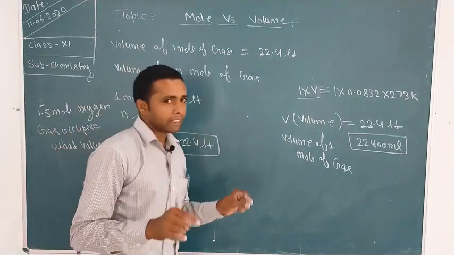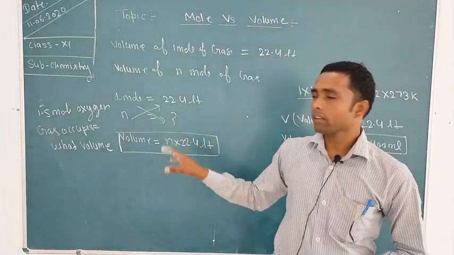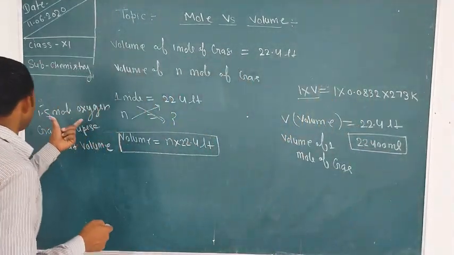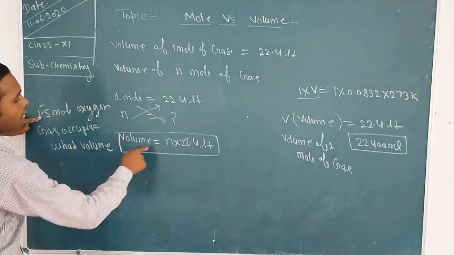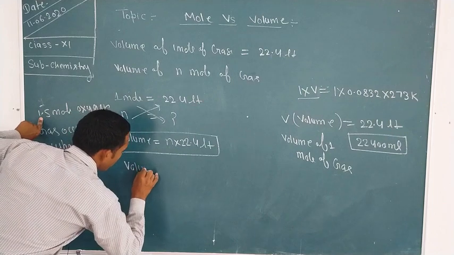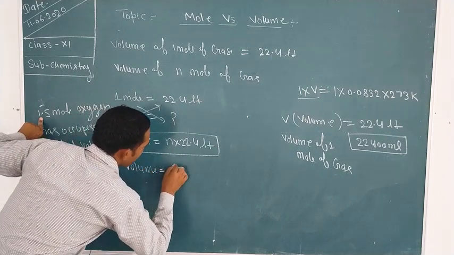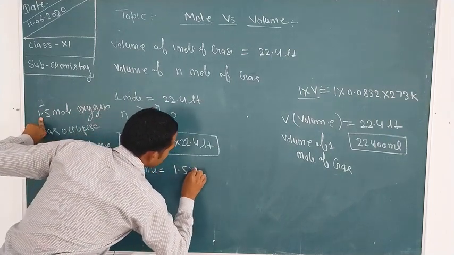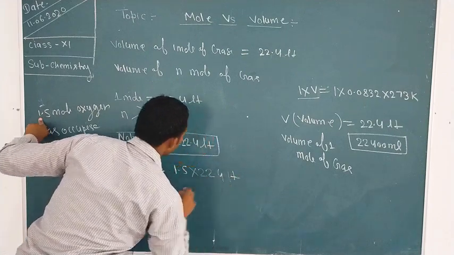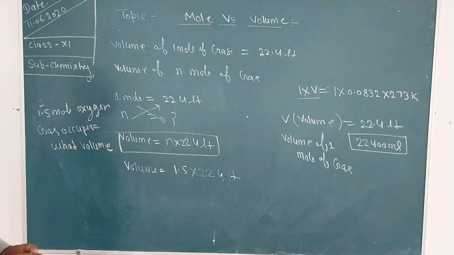I say any gas. Here any gas is given. You apply the same formula and try to find the volume. Suppose the number of moles n is equal to 1.5. So volume equals 1.5 into 22.4 liter. It is the volume of 1.5 moles of oxygen gas.